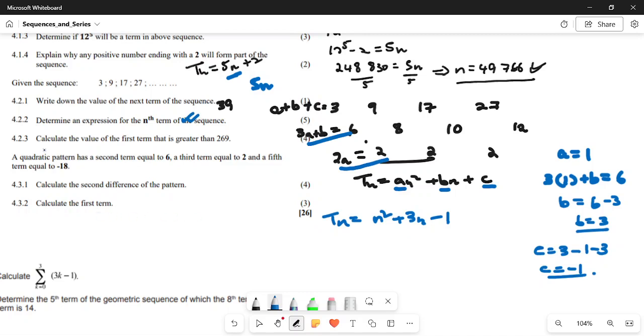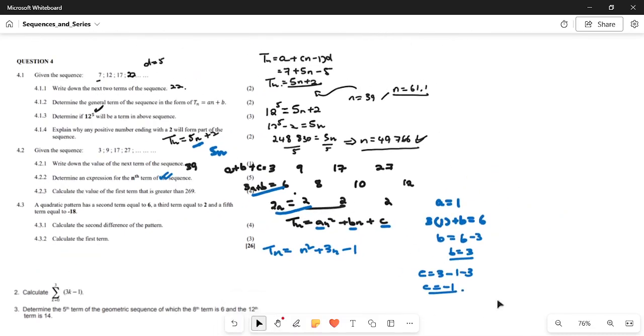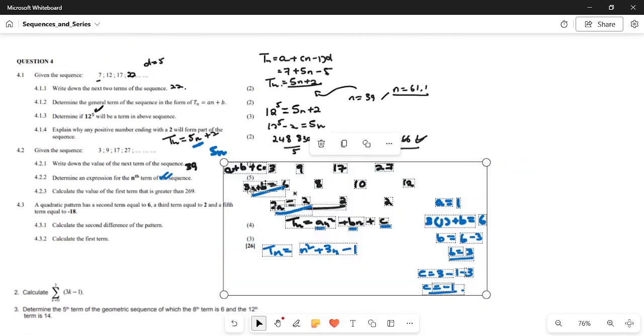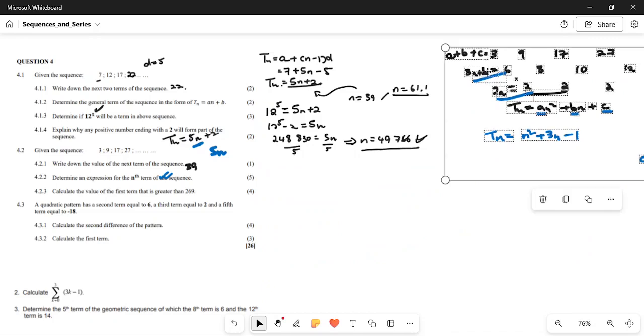And then the third question, calculate the value of the first term that is greater than 269. Okay, let me create some space here. So for this quadratic number pattern, which value is greater than 269?